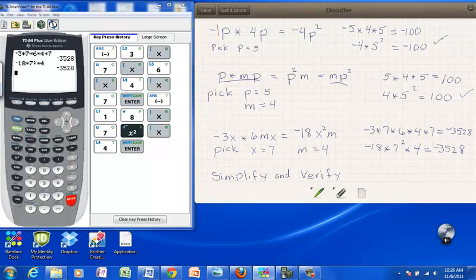Now, I often use a check to say, hey, this worked. You can use anything you want. If it's a tough problem, I might use a smiley face, like, wow, that really did work. Sometimes when I'm doing my homework, I will write down pick x equals 7 and m equals 4 so that I remember. And then I'll go over and do the work in my calculator and not bother to write all of this stuff down.